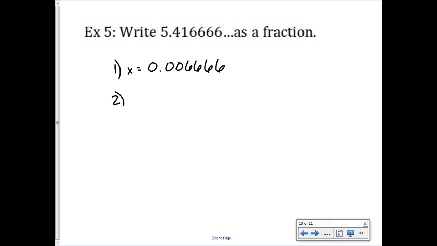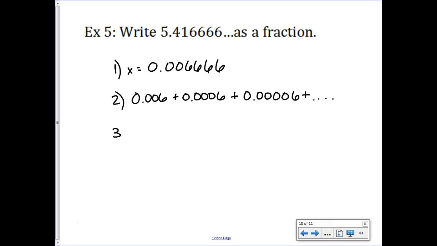So step 2, rewrite as a geometric series. So 0.006 plus 0.0006 plus 0.00006 and so on. If I added those together, that would give me that repeating decimal.